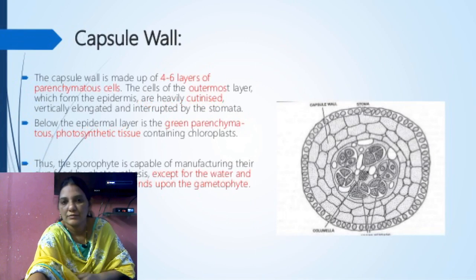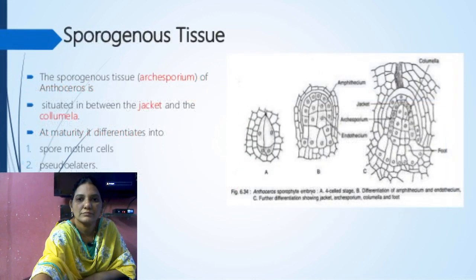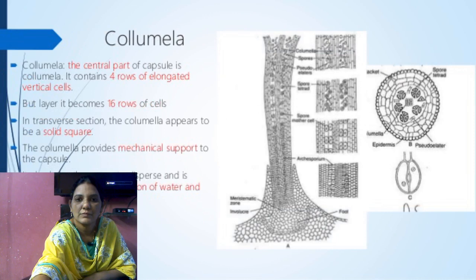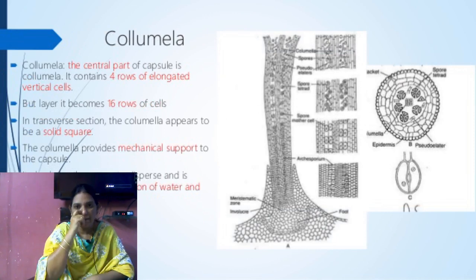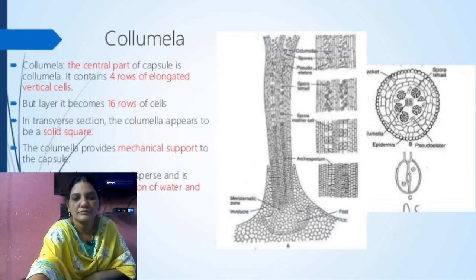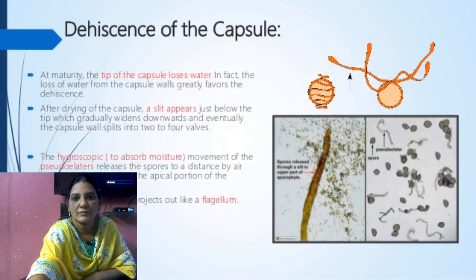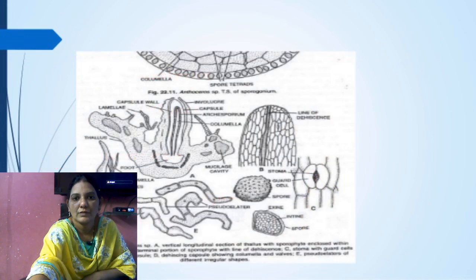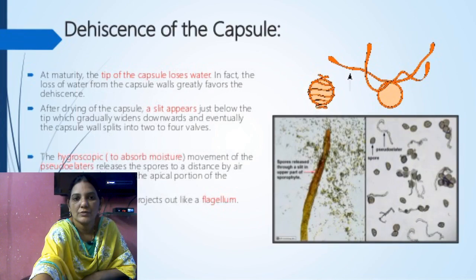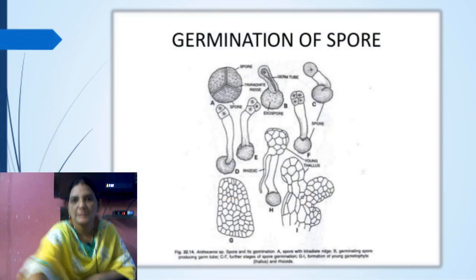Here columella, meristematic tissue. The spores enter into the soil or moist soil, and they form one new Anthoceros thallus.